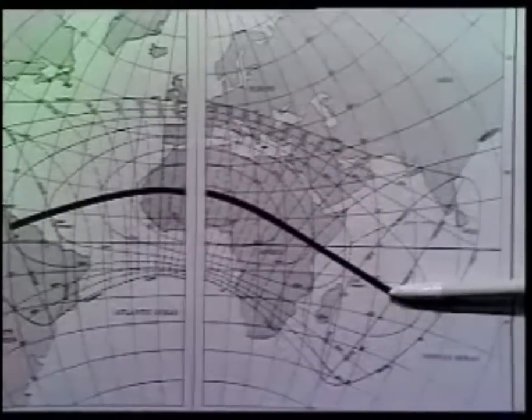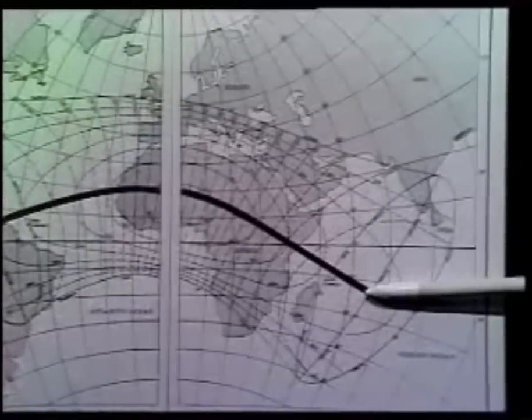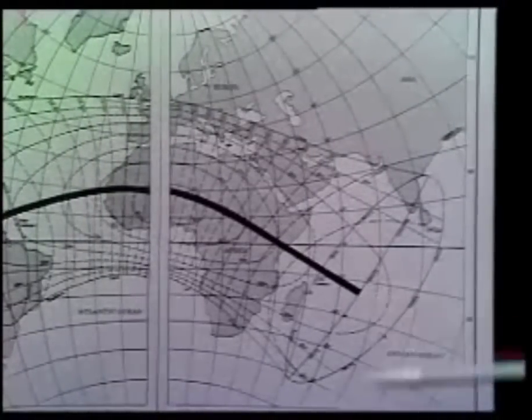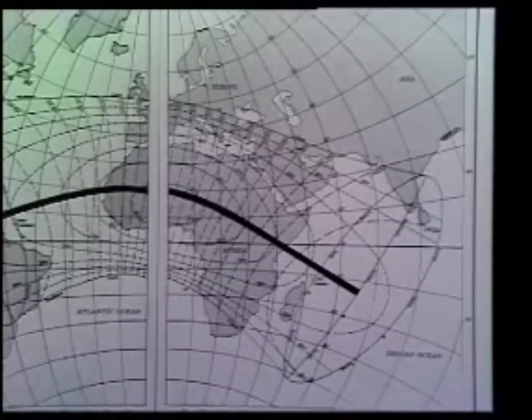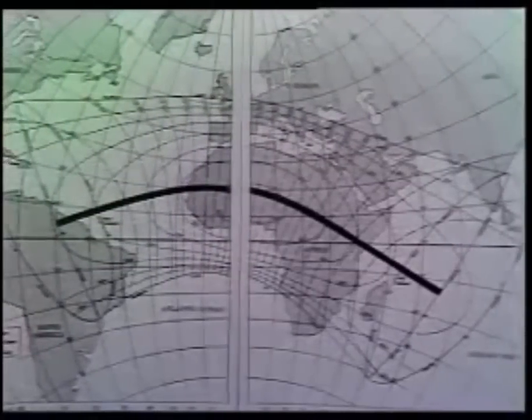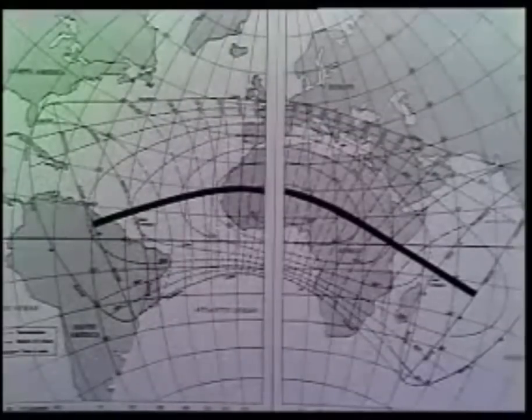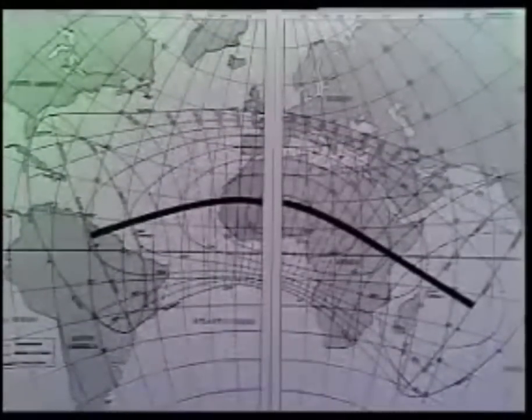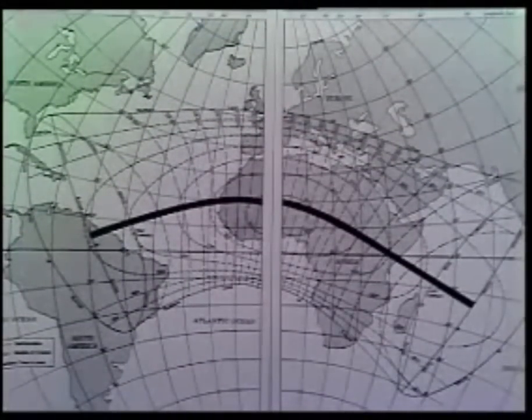The Earth has rotated a little bit, and then we see the end of the eclipse at sunset, and many expeditions will go out to observe this spectacular eclipse.